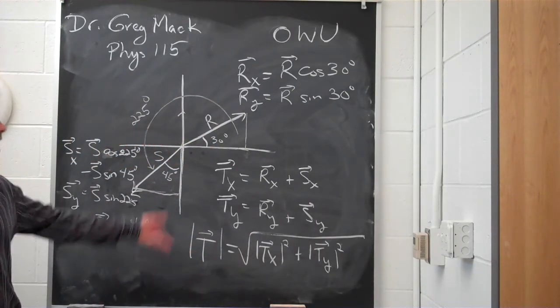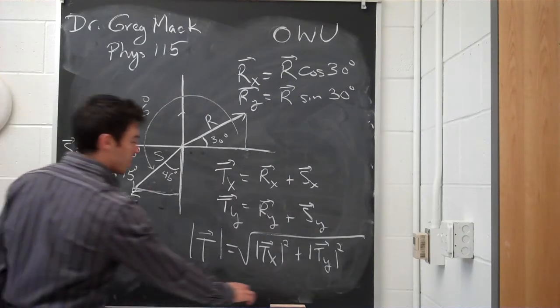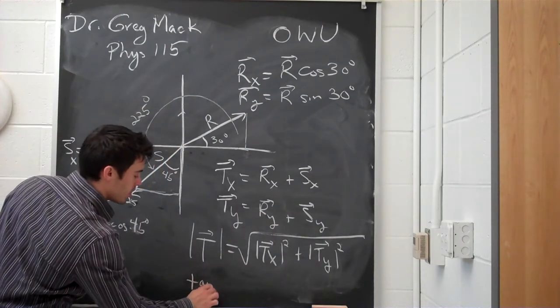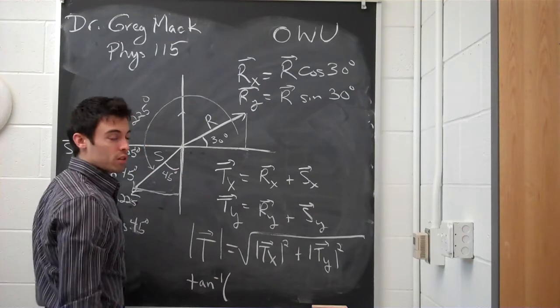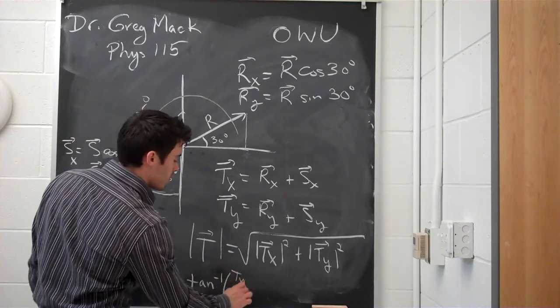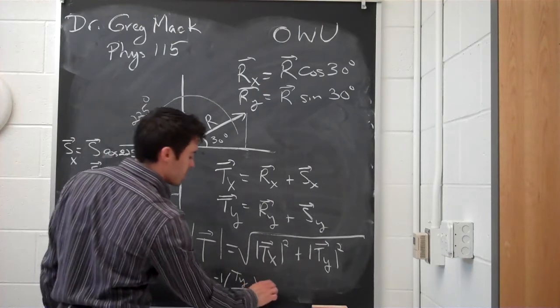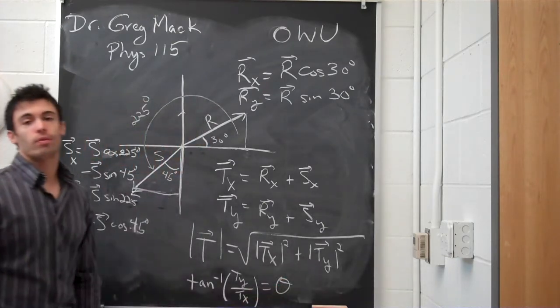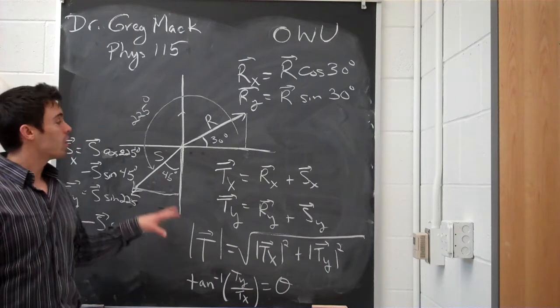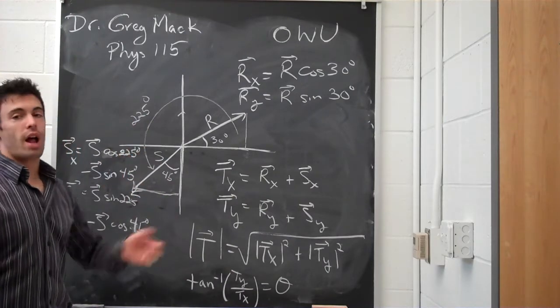And then in order to figure out what angle that is, you take the inverse tangent of ty over tx, the new y over the new x, and that will give you your angle. As long as you know what quadrant you're in. If you're over here, you're going to have to worry about adding 180 degrees.